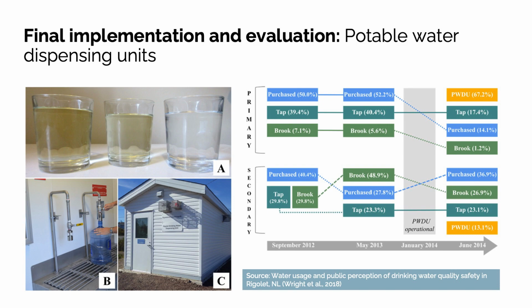Initially, a lot of people were purchasing their primary drinking water, so the water they were using for drinking and cooking. After the potable water dispensing unit was installed, this proportion went down substantially. That means that people were not needing to spend as much of their money on water as they had previously. So this is very helpful for people living in these communities.